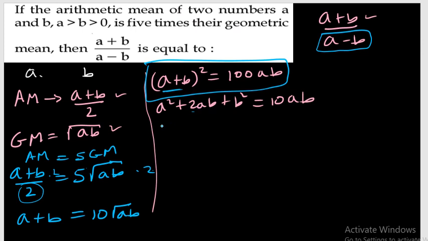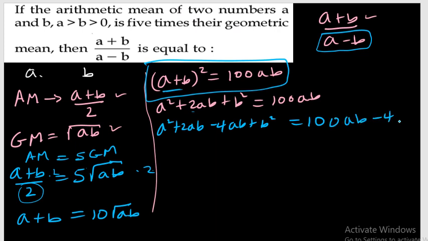What I'm saying, A square plus 2AB minus 4AB plus B square is equal to 100AB minus 4AB.